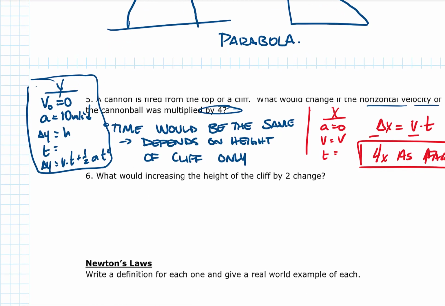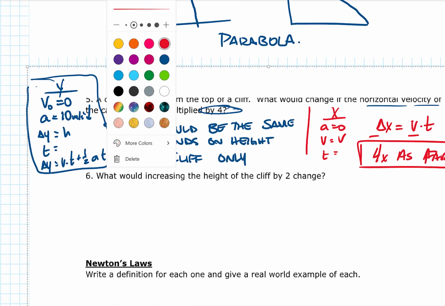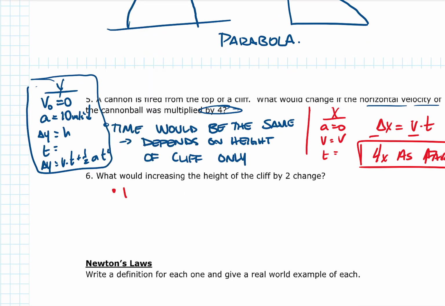What would increasing the height of the cliff by 2 change? This would change the time of the fall, because with the initial velocity of 0, delta y is 1/2 at squared.